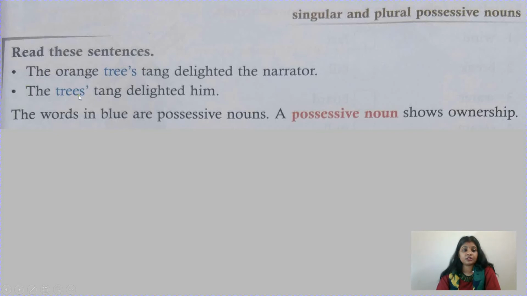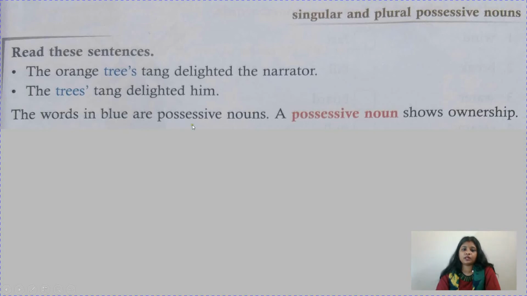But when we write the trees' tank delighted him, it means trees and then apostrophe, so we are talking about plural trees. When we give apostrophe after S, it means we are talking about plural trees.